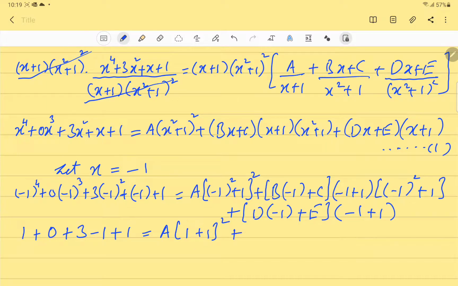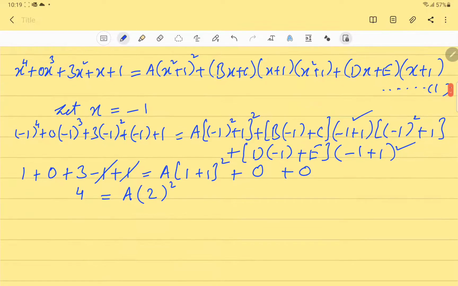And the remaining two values are 0 because of this and because of this. 0 plus 0. This cancels with this. 3 plus 1 is 4. It is equal to a into square of 2. 4 is equal to 4a. So we divide both sides by 4.